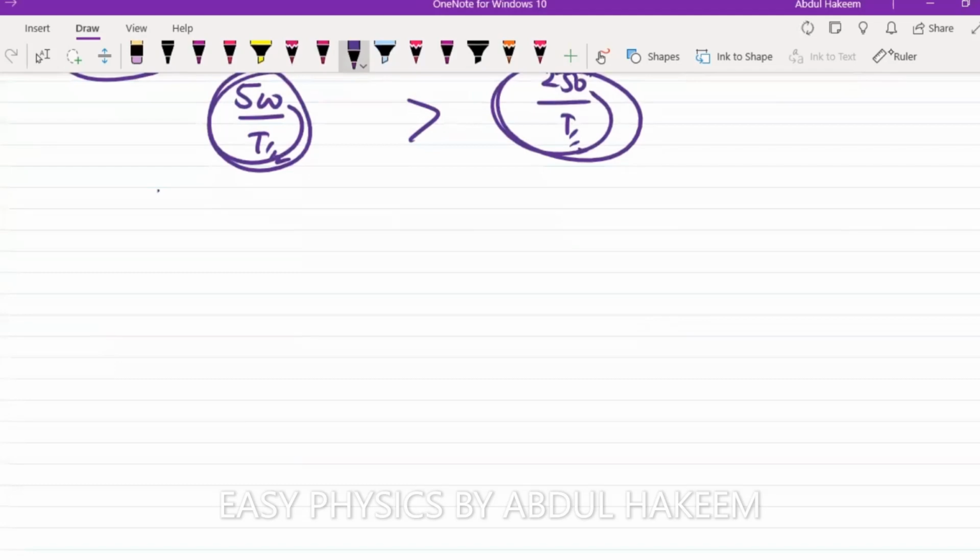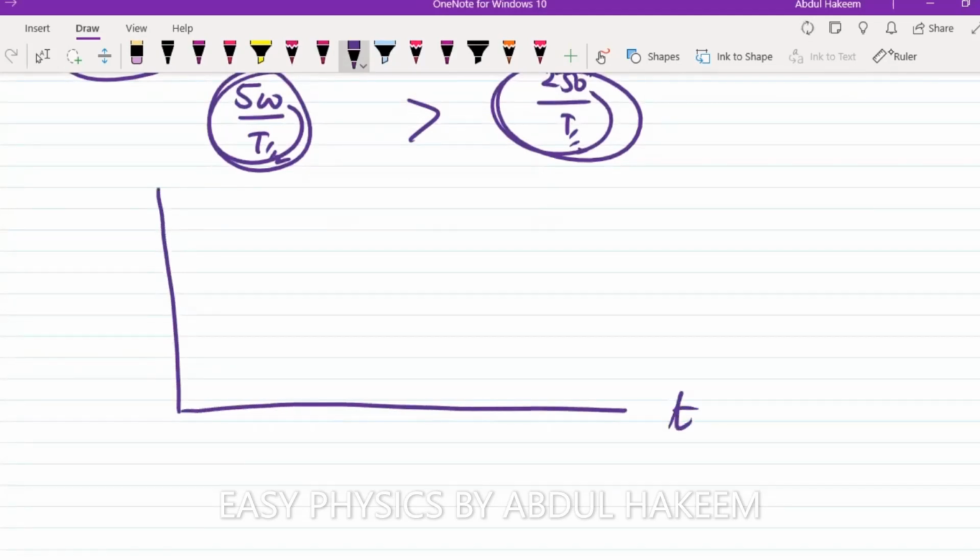So when the graph is plotted, time and N, so this is N naught. The radioactive nuclei are decreasing and their daughter nuclei are forming.